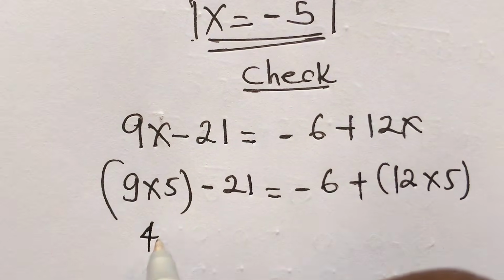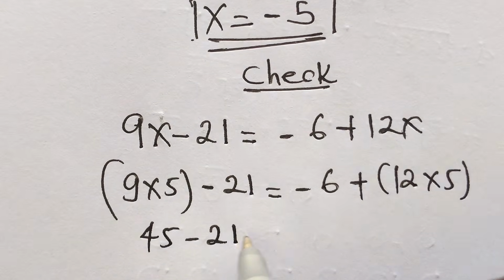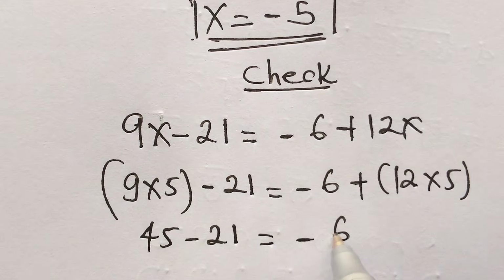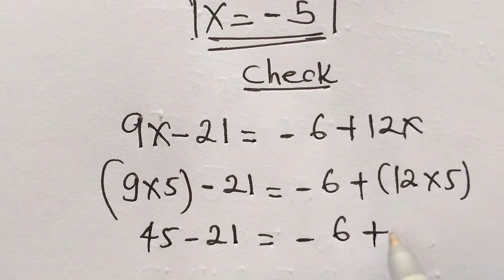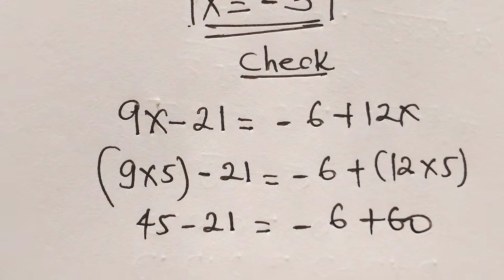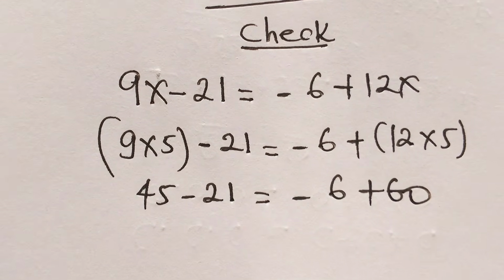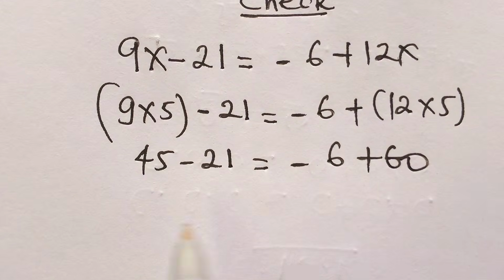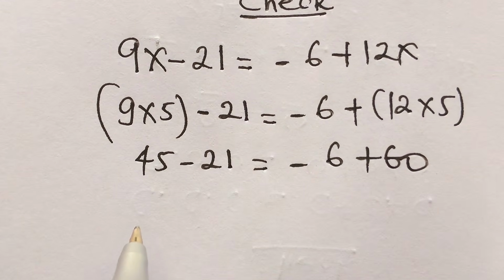This is 45 minus 21 equals negative 6, then plus 60. Yeah, this is what we have right here.